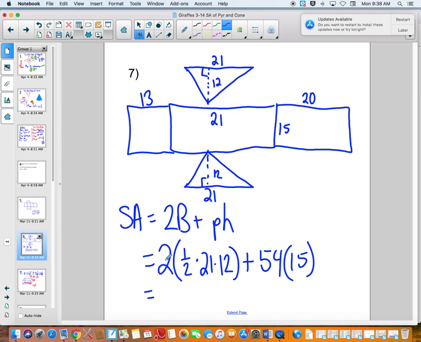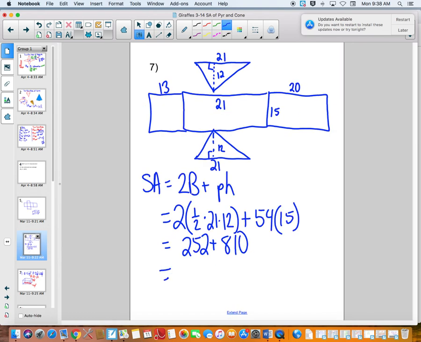So then we just have 21 times 12, which is 252, plus 54 times 15, 810, and then we add them up, and we get 1,062 feet squared. And if you would prefer, instead of using this formula, you can just think about adding up the area of all 5 faces.